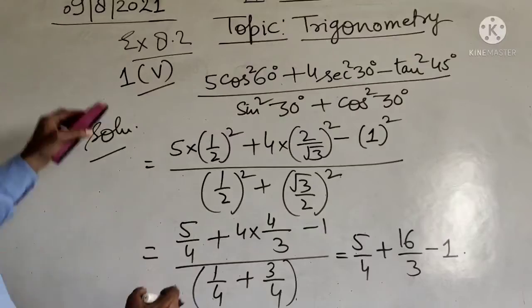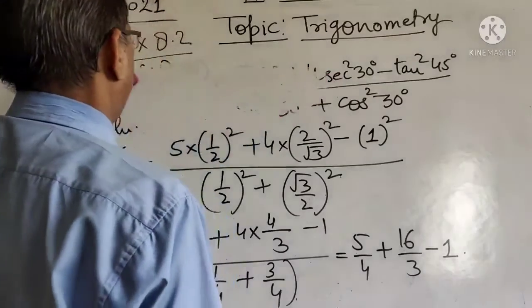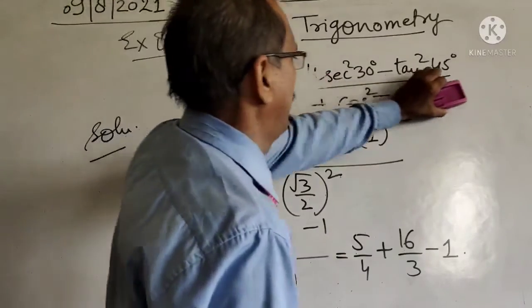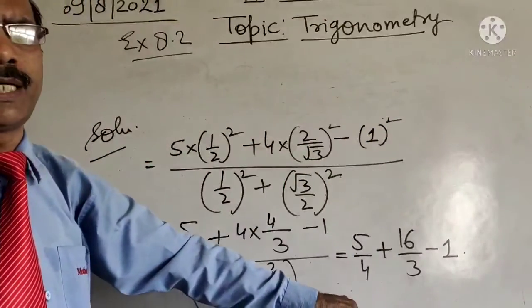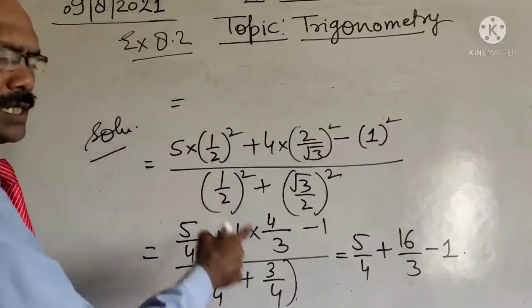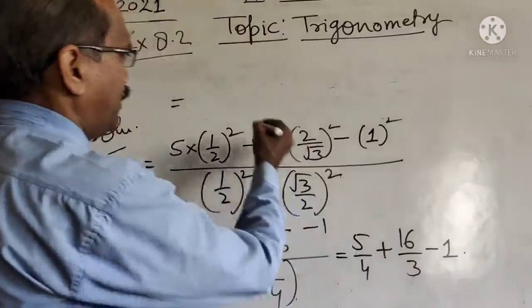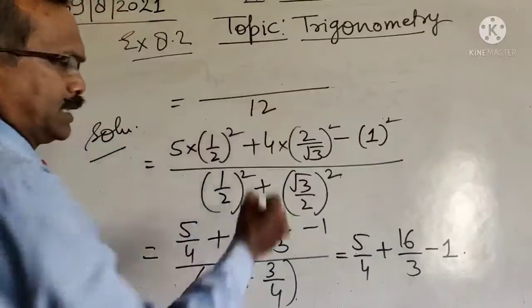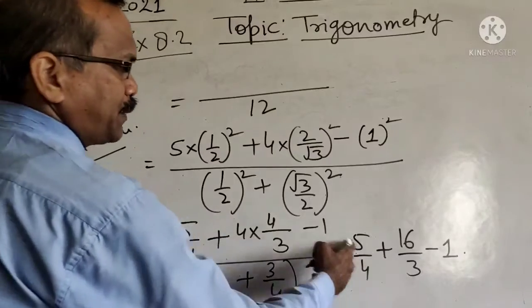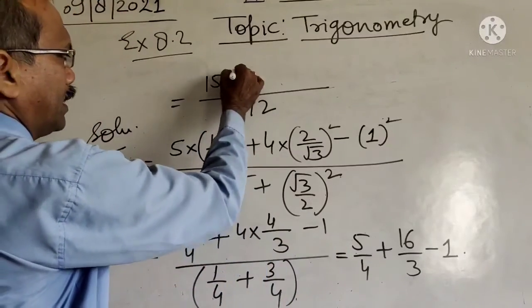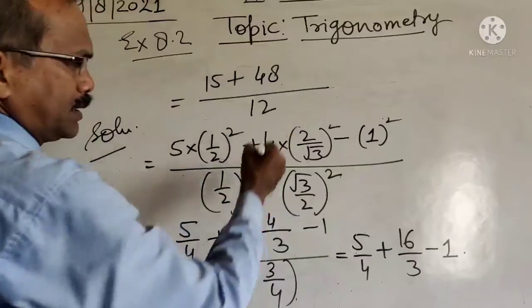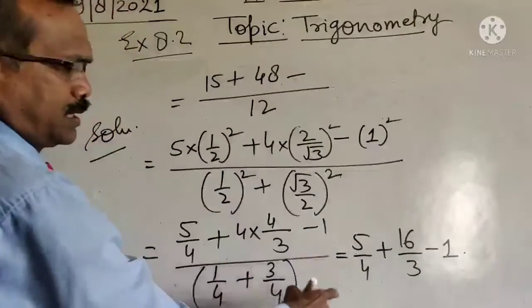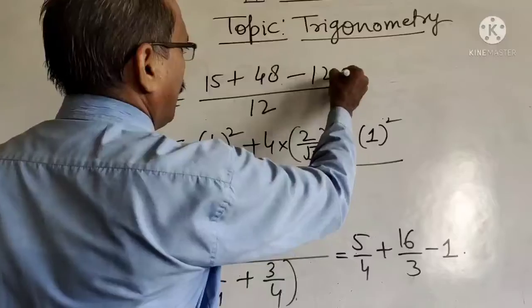Now we will take the LCM of this. LCM is 12. 4 threes are 12. Then it is 15 plus 48 minus 12.